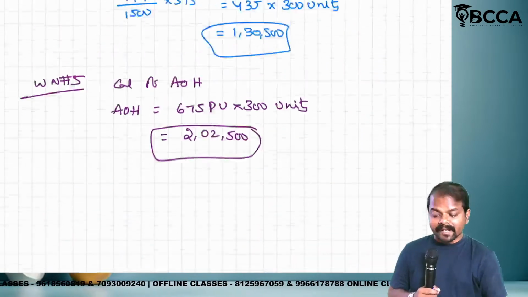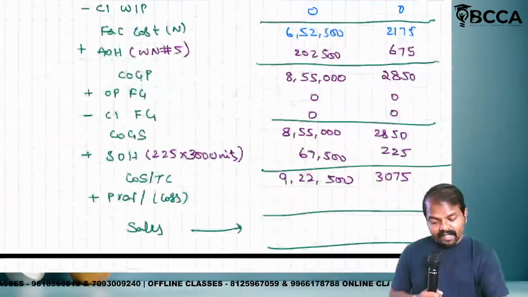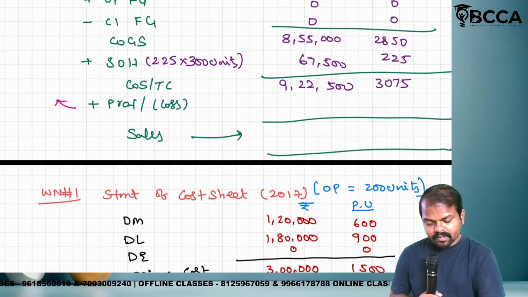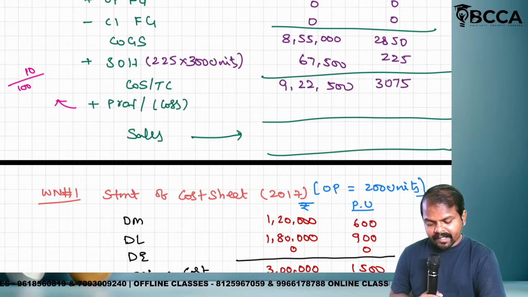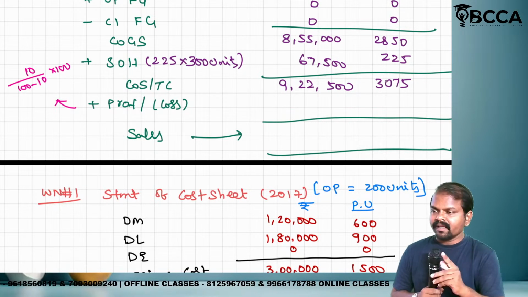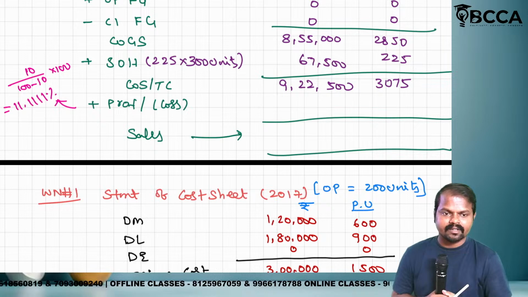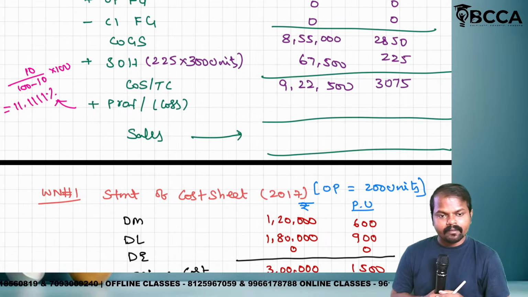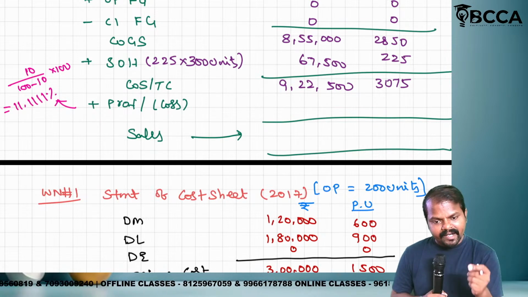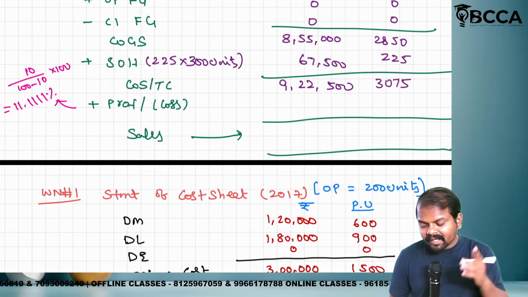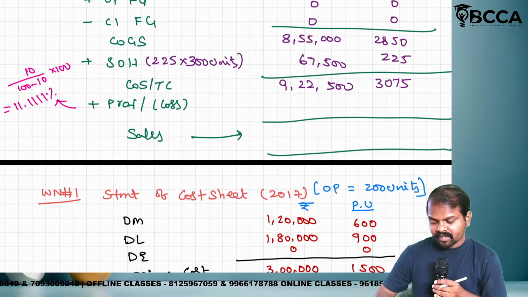Percentage divided by 100 minus percentage. Please take the calculator. 10 divided by 100 minus 10, into 100. Whatever answer, how much? 11.111%. Correct? Please take the calculator. 9,22,500 into 11.1111. Please enter up to whatever digits your calculator has. How much?